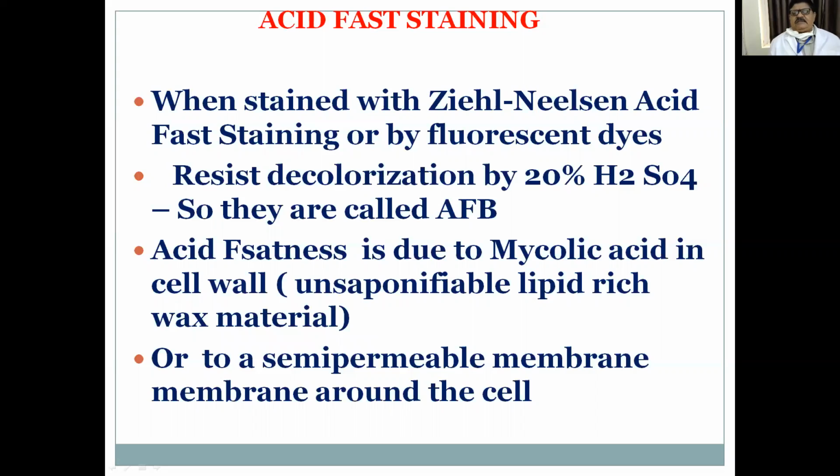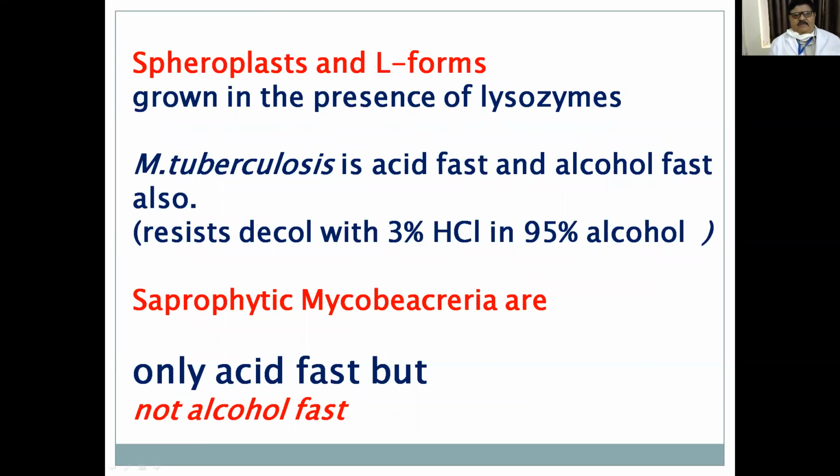So acid fastness is due to mycolic acid, an unsaponifiable lipid-rich wax material, or to a semi-permeable membrane around the cell. You might get a short note question on mycolic acid. You should say the character of acid-fast staining is because of mycolic acid.